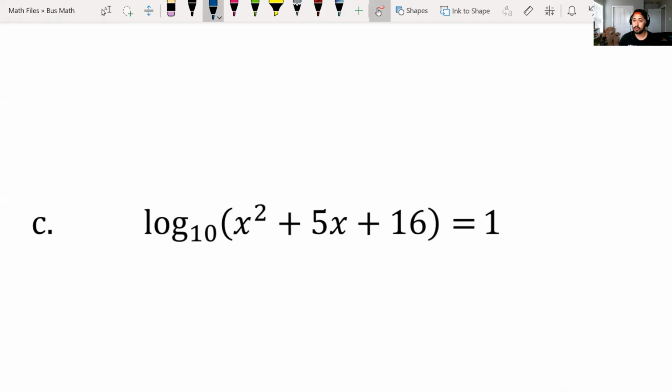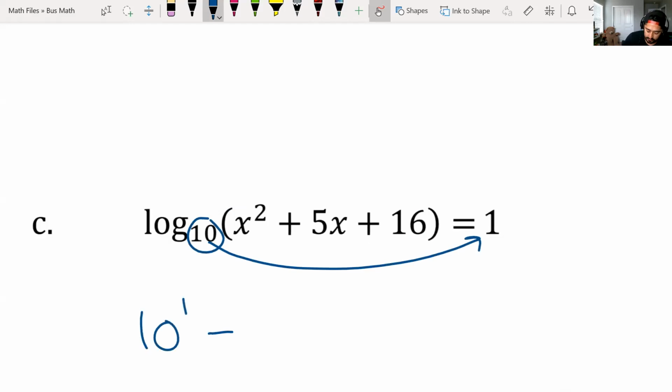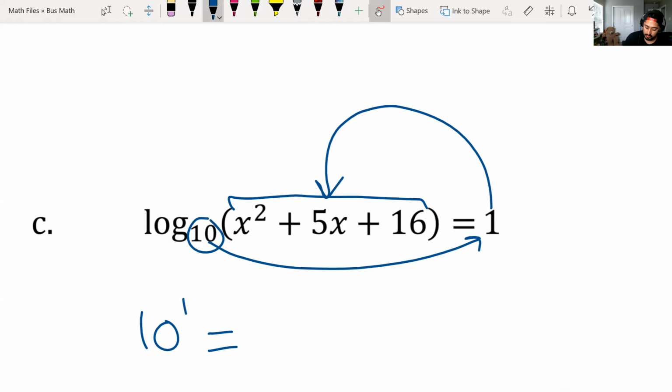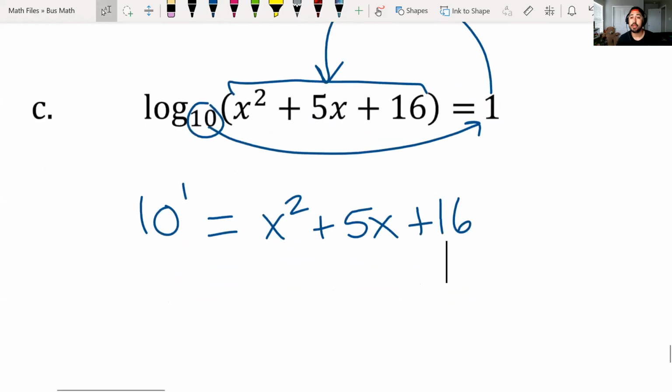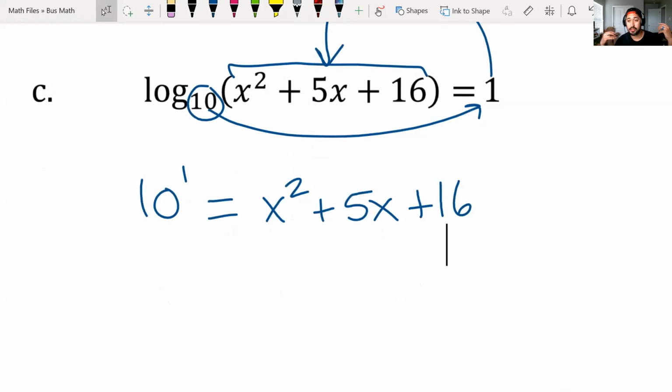So just like the one above it, convert from log to exponential. 10, raise it to the first. 10 to the first equal to the inside of the log. X squared plus 5x plus 16. Okay, we have converted from log to exponential. We have completely gotten rid of the log.